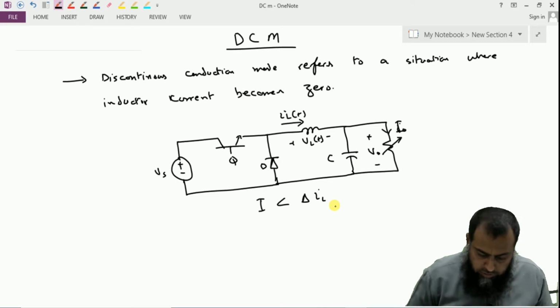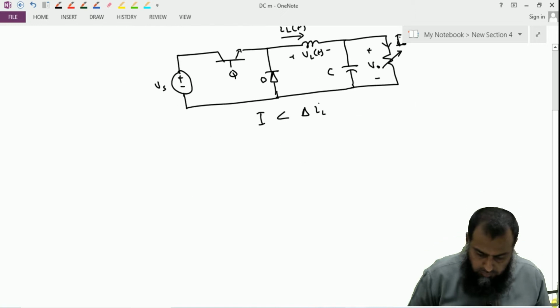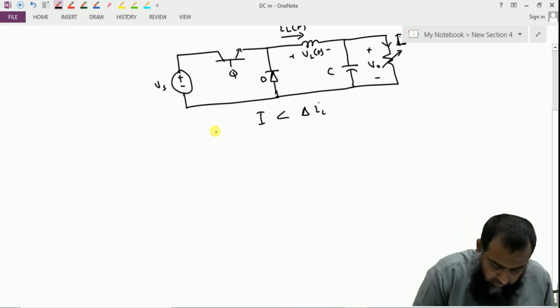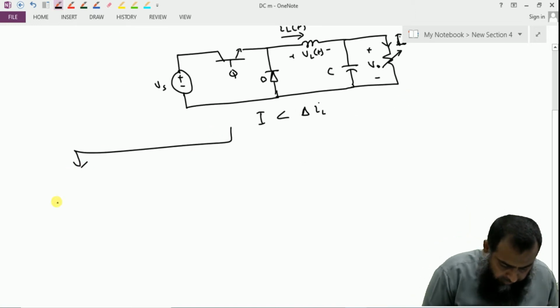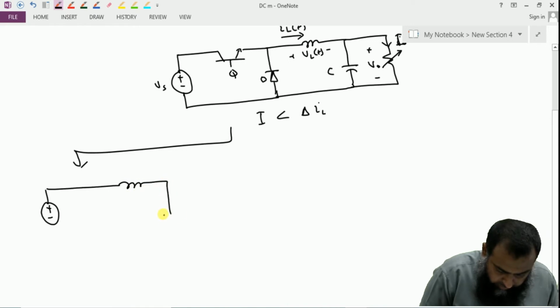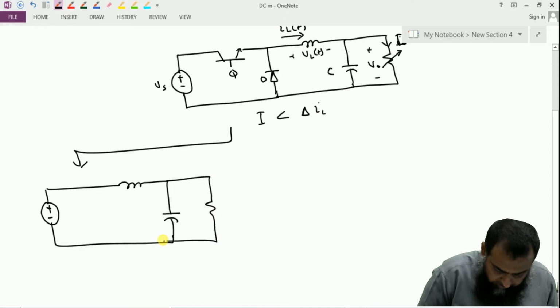So in a discontinuous conduction mode, we have these three subintervals. The first subinterval is when we have this Q on such that we have the inductance connected with this capacitor and we have this load resistance here. So this is IL, this is plus minus VL, this is plus minus V naught.